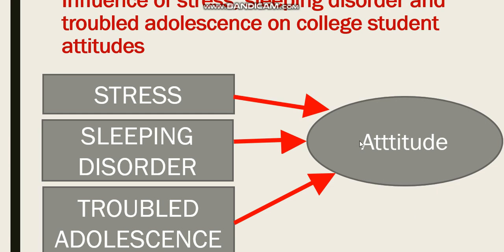College student attitudes comes as our DV, and this is how we write the title for a study. See how easy and how beautiful the title is, and how easily it gives the conceptual framework.